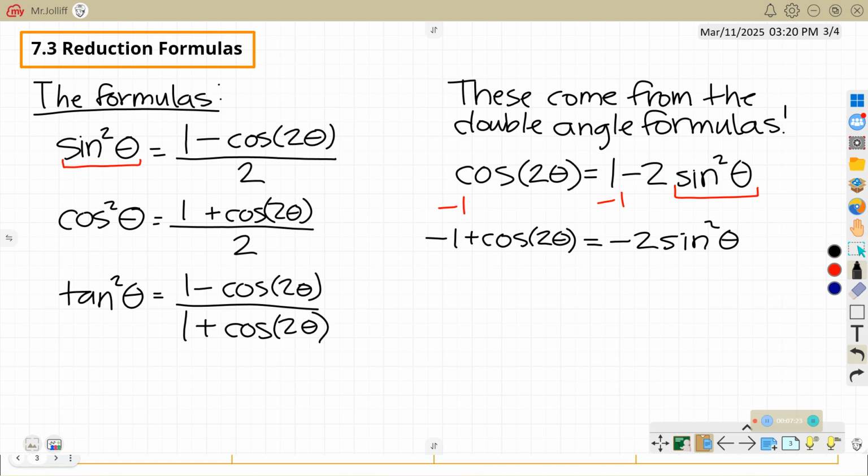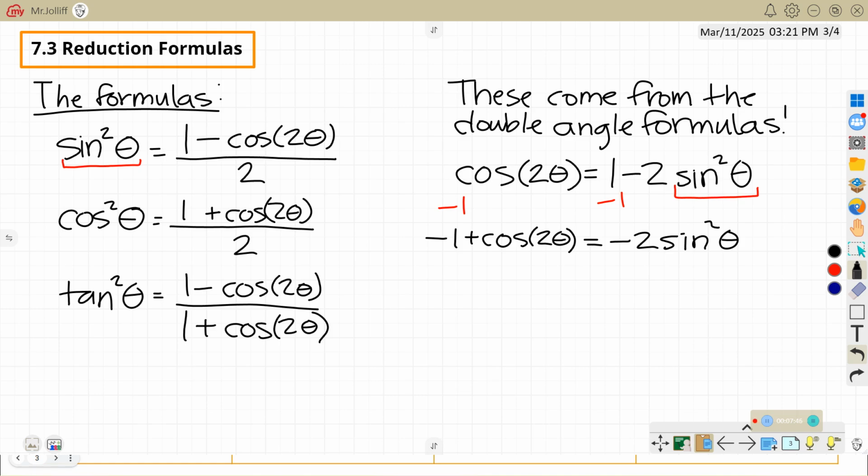I agree. Slightly prettier. You will notice I intentionally left the minus 1 in front, minus 1 plus cosine, instead of cosine minus 1, because I know what I'm aiming for. And that helps.